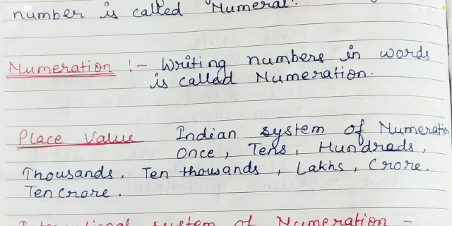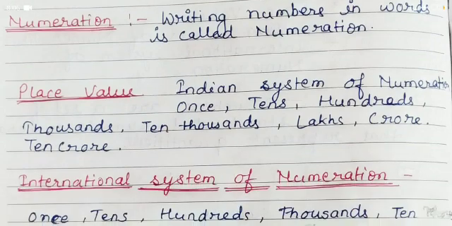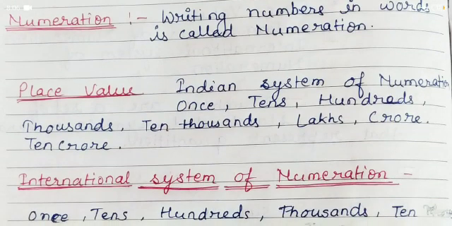First is the Indian system of numeration. It has places ones, tens, hundreds, thousands, 10,000, lakhs, 10 lakhs, and so on, crore, 10 crore. If you want to discuss bigger numbers, this is required.